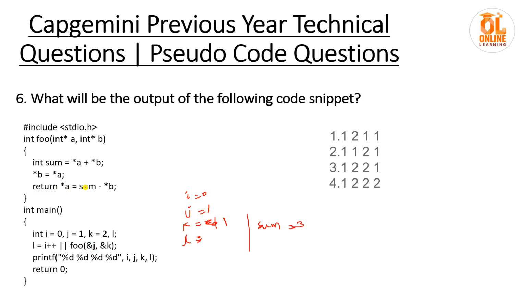And return a equal to sum minus b. So a equal to sum minus b, sum is 3 minus what is b here, b we got as 1, so b means k, address of k, so 3 minus 1 is 2.